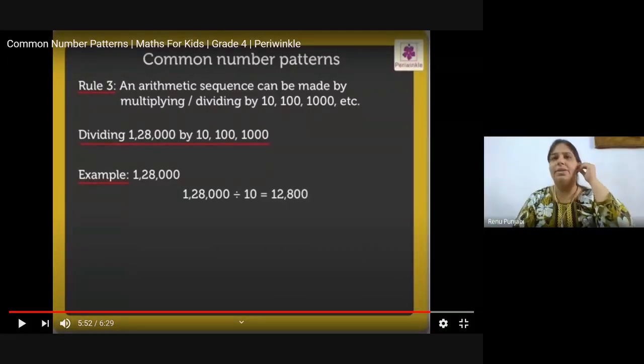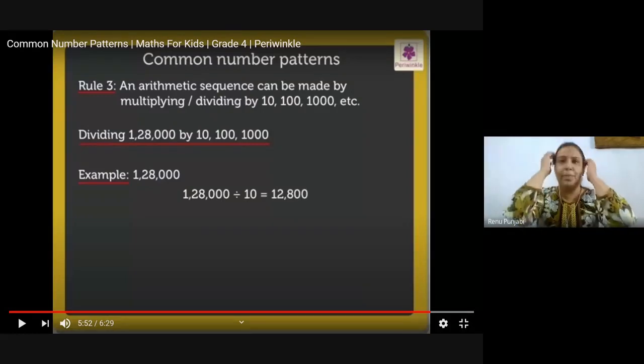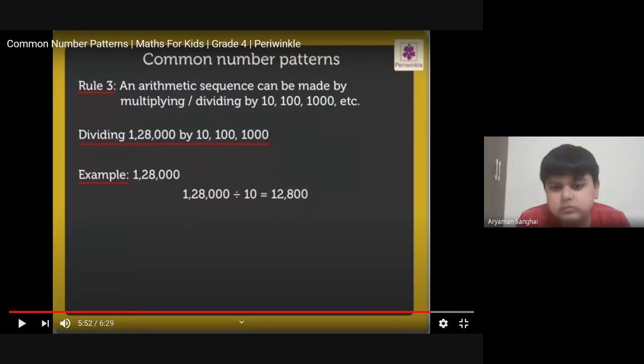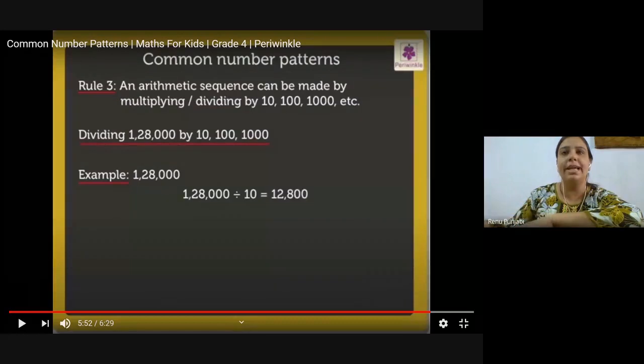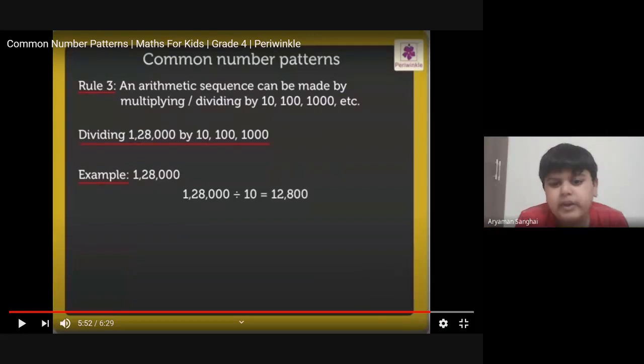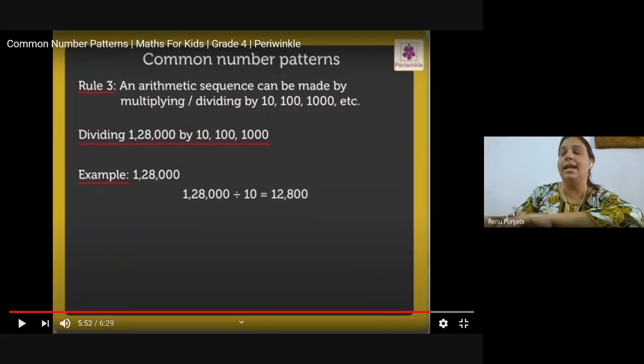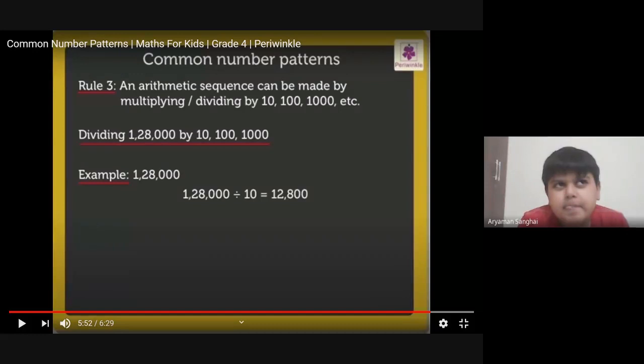See, Aryaman, you have to see the number pattern which is being followed, right? Sometimes if I say first is 3, 6, 9, what will be the next two numbers? Complete the pattern with the next two numbers. 12 and the next will be 15.